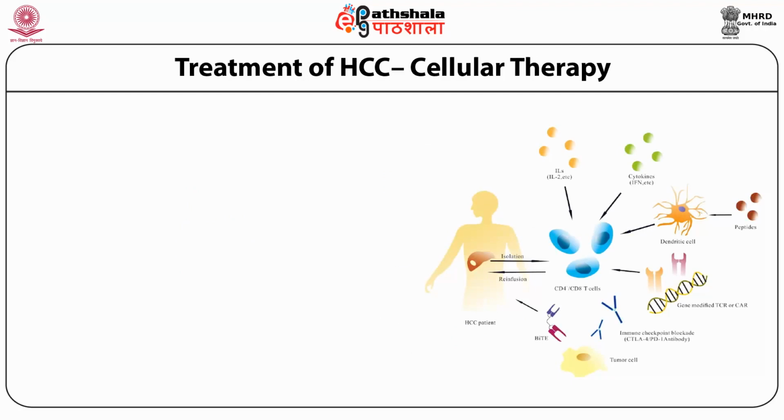Why are cellular therapies important in HCC? They can achieve remarkable tumor clearance. T cell cellular therapy for HCC is important as you can isolate autologous T cells from the patient.